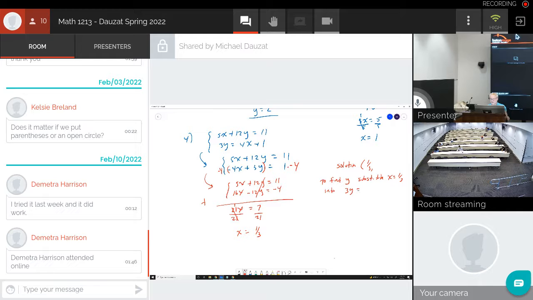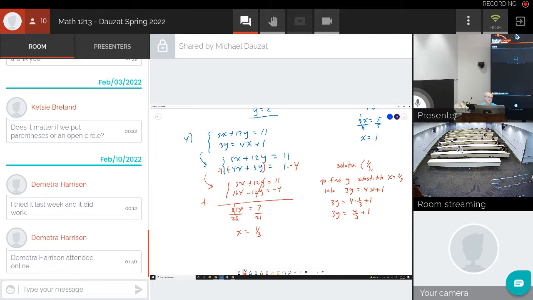So 3y equal 4x plus 1. So in place of x, substitute 1/3, right? So I get 3y equal 4 times 1/3 plus 1. What's 4 times 1/3? What fraction is 4 times 1/3? 4/3, right? So I get 3y equal 4/3 plus 1.